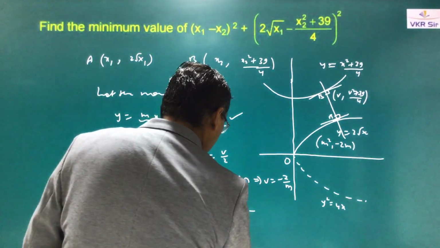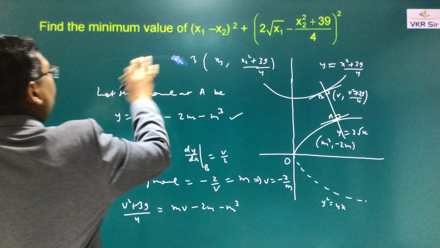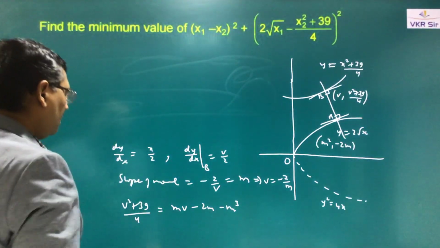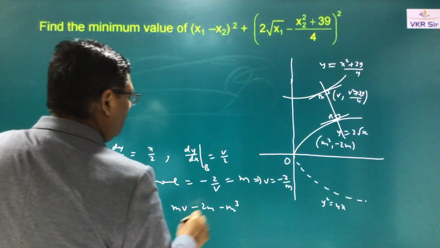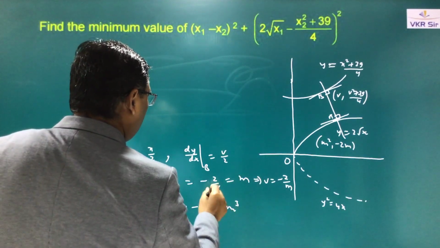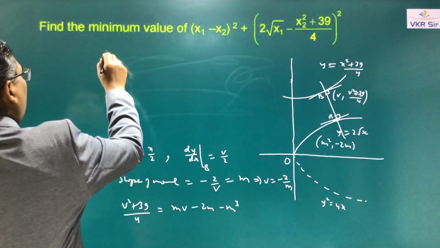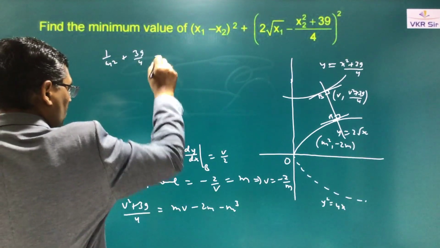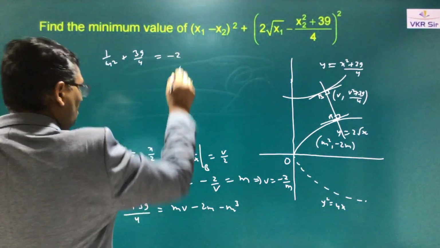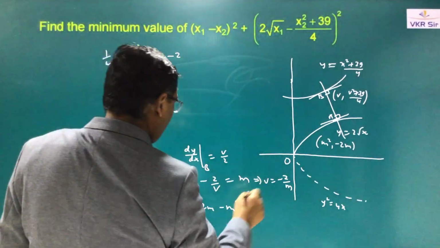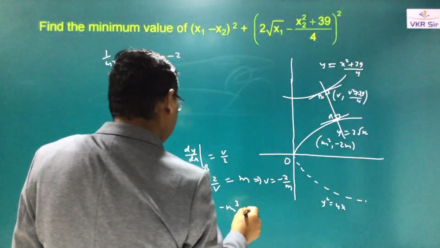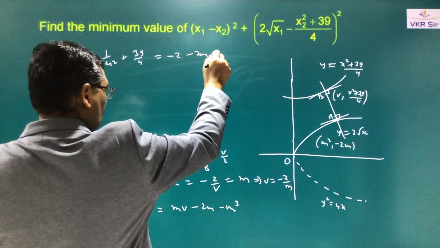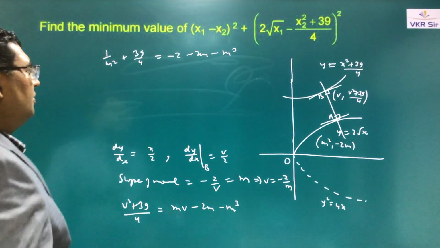Let me create some space here. v square by 4 will be equal to 1 upon m square, alright, plus 39 by 4 equal to mv. mv will be equal to minus 2, minus 2m minus m cube. So we have this fifth degree equation with us.